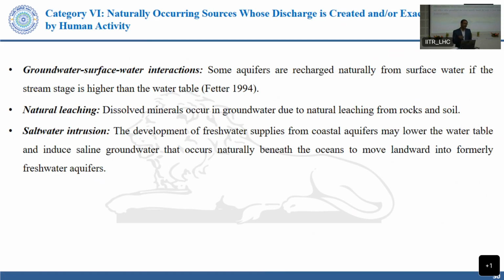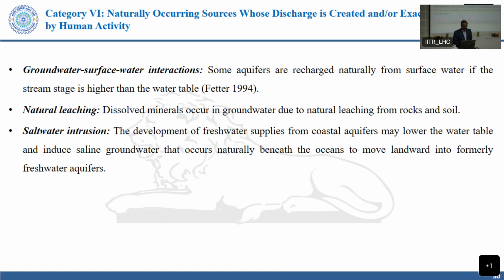In the case of a river, if the river bed level is above the water table in the ground, your river water will contribute to recharging your groundwater. In some cases, both will be reversed. The water table is higher than your river bed, so the river bed is lower, and your groundwater will contribute to your river.